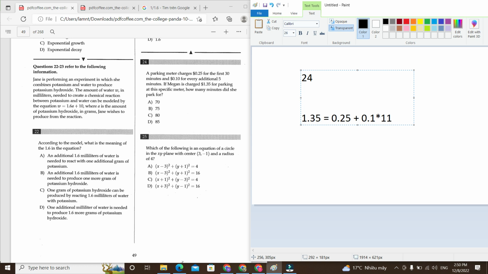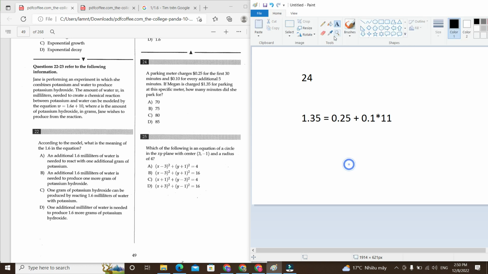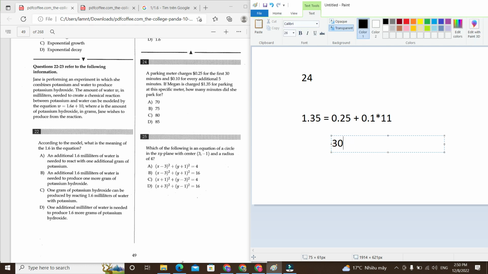Which means Megan has parked 1 time 30 minutes, and for the additional, she is going to park for 11 times 5 minutes, or 5 minutes times 11.